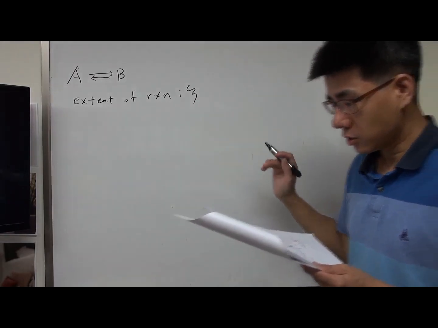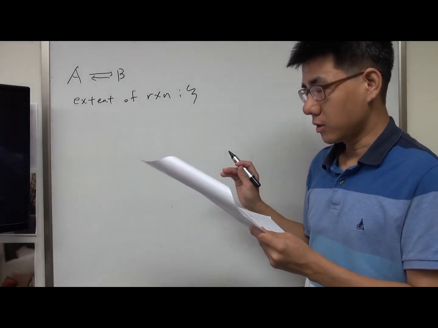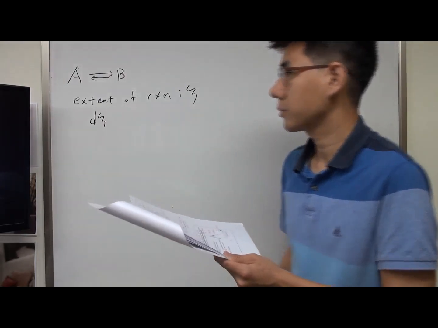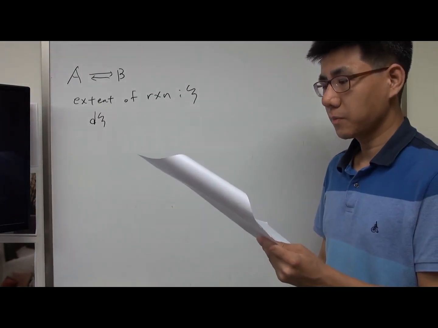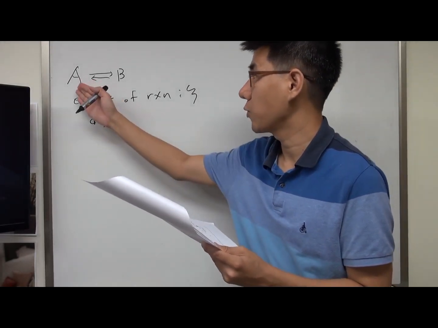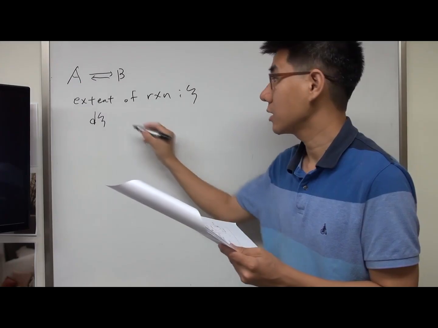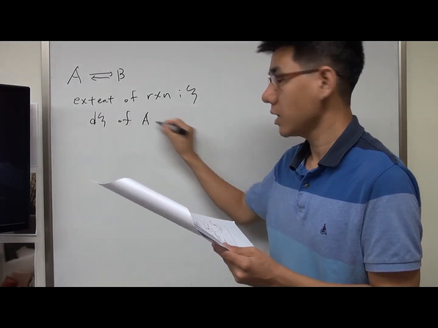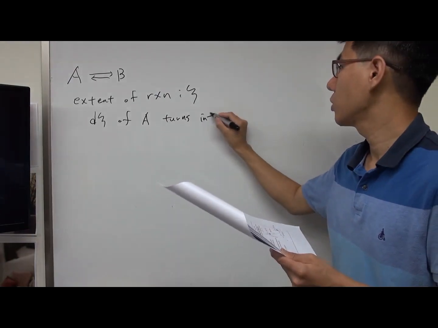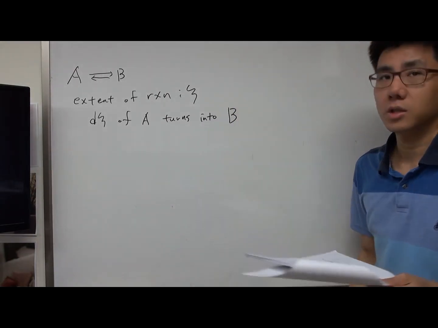Let's assume that for an infinitesimal amount of conversion, d psi, an amount d psi of reactant A turns into B, the product.